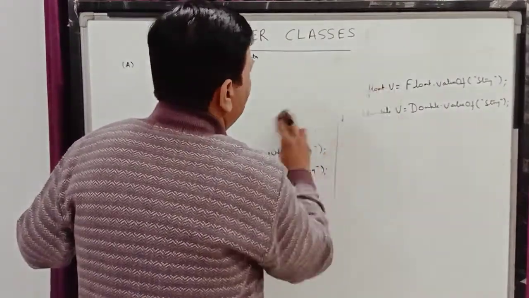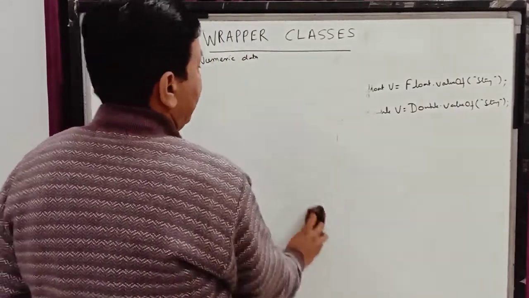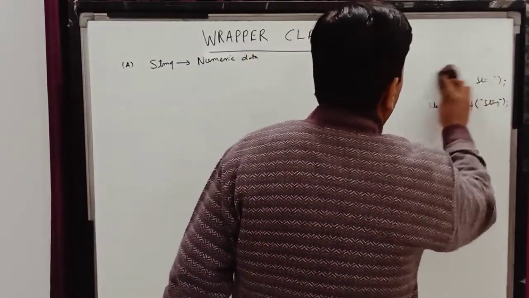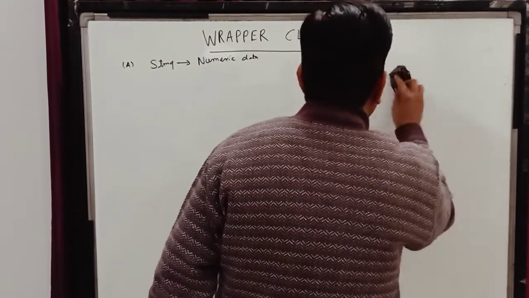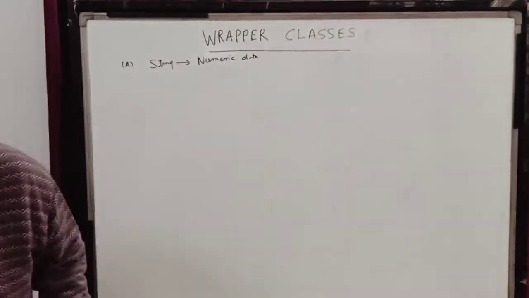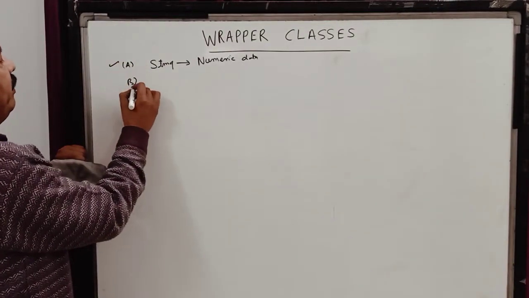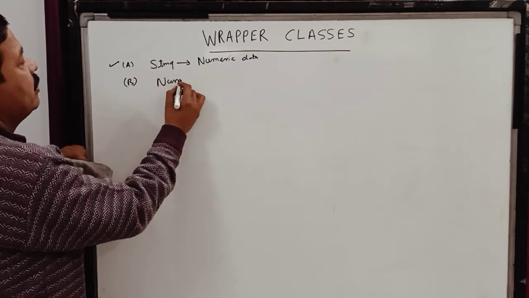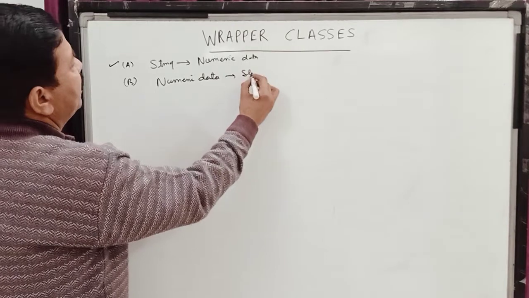Even if I want to convert my numeric data of different data types into type string, I have another function which is there in the syllabus. Now the next one, this we already have done. Now the next is to convert numeric data to string object.